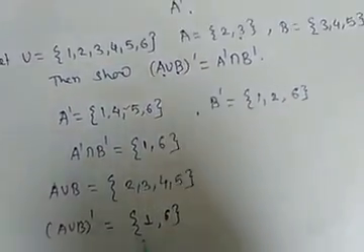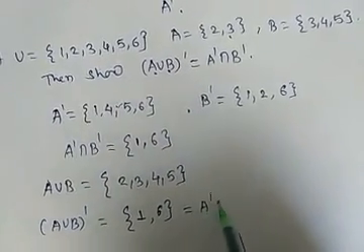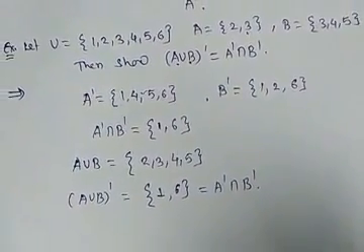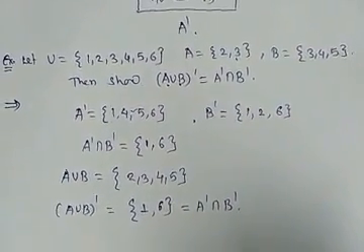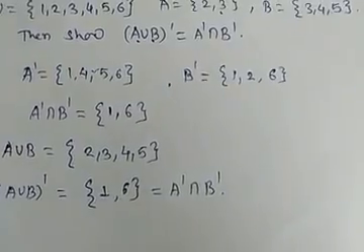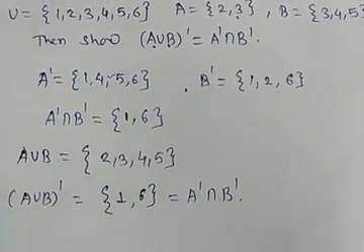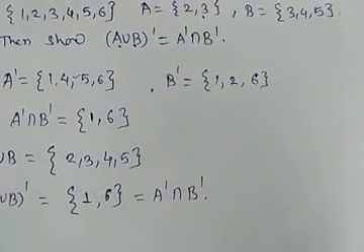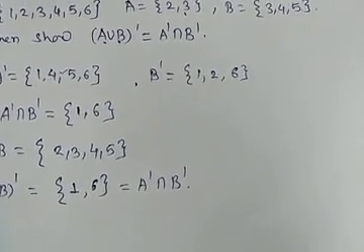Okay, which is equal to A complement intersection B complement, which we had to show. Okay. So today we stop here, and in the next lecture we will see examples related to all these points. Okay, thank you.